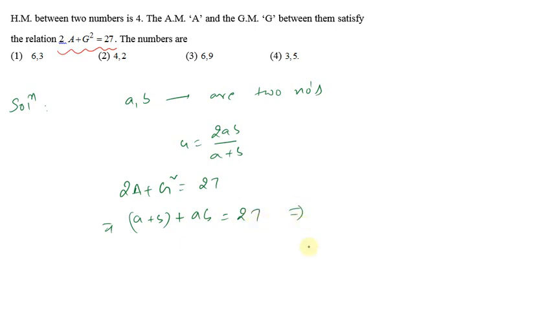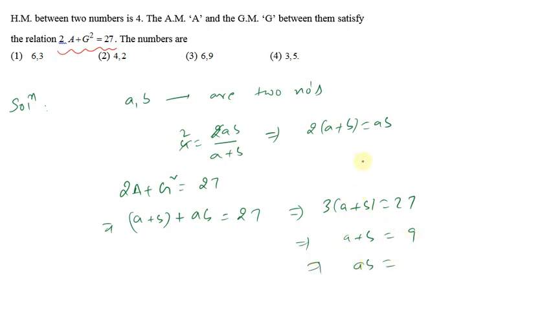Now we have this result here, we can calculate. So 2 times a plus b is equal to ab. So in place of ab we can write 2 into a plus b, so you are getting 3 into a plus b is equal to 27. So by substituting the ab value 2 into a plus b here, a plus b is equal to 9. A plus b is 9 implies ab is equal to, substituting here, 2 into 9, 18. Now we have to calculate the a value and b value. We have to find the numbers only.